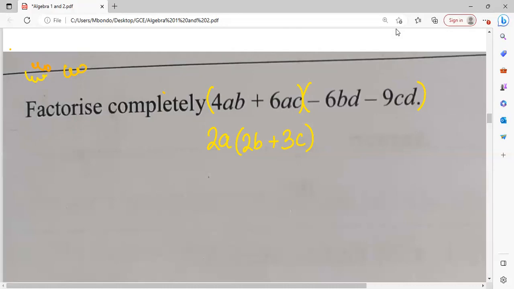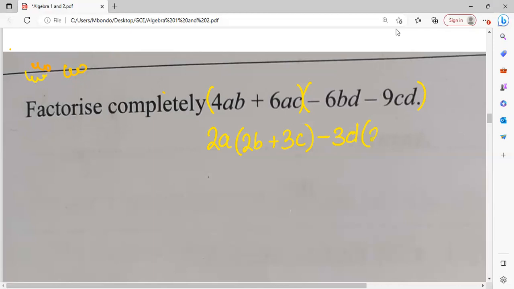That is what we must have. So to achieve that, what are we supposed to have? You look at what is common here. We have minus 6bd minus 9cd. So what is common is going to be minus 3d. Then when you factorize minus 3d, what are you going to remain with?